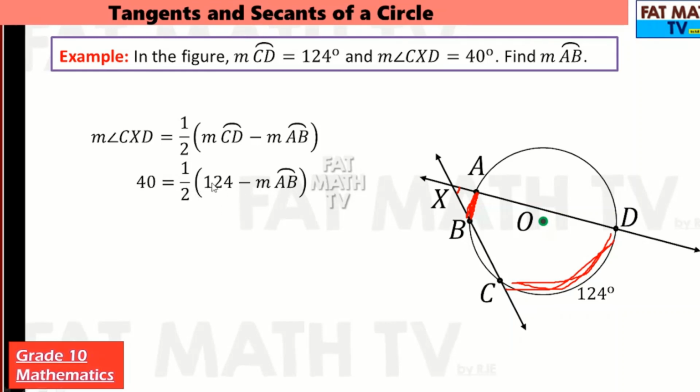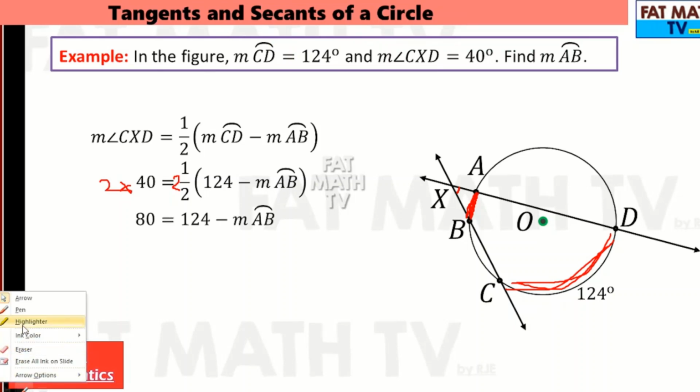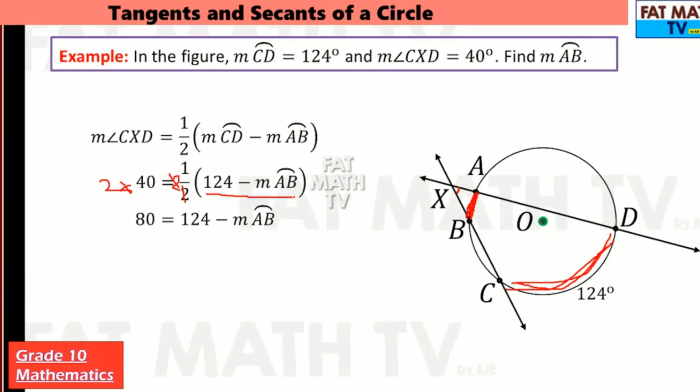So we can distribute one half here, or we can multiply both sides by 2 to get rid of the fraction. If we multiply both sides by 2, we will have 2 times 40, and then 2 times 1 half of this. So 2 times 40 is 80. And 2 times 1 half will be 1. That's why we're going to be left with 124 minus measure of arc AB.